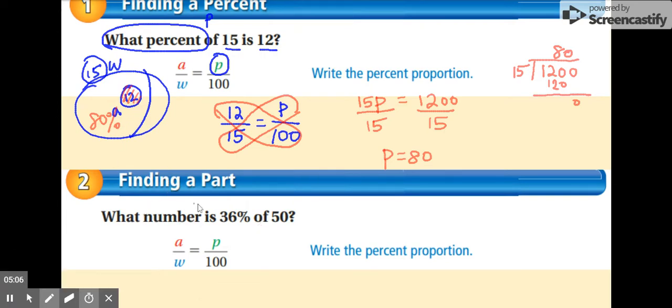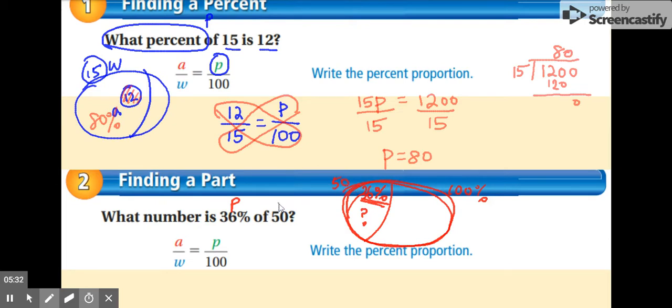Number 2, what number is 36% of 50? So now we have percent, and we're looking for, okay, so this is 100%, and we're looking for 36%, right? Out of 100. We're looking for what number is 36% of 50.